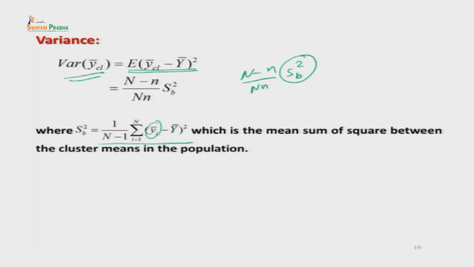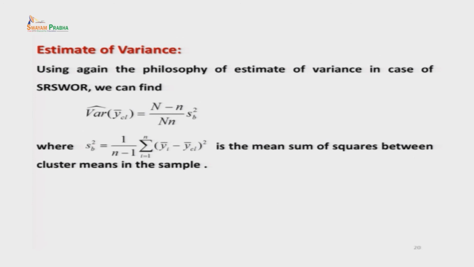Now we find the estimate of the variance exactly on the same lines. In simple random sampling, the estimate of the variance is obtained as capital N minus small n upon capital N small n times s square.